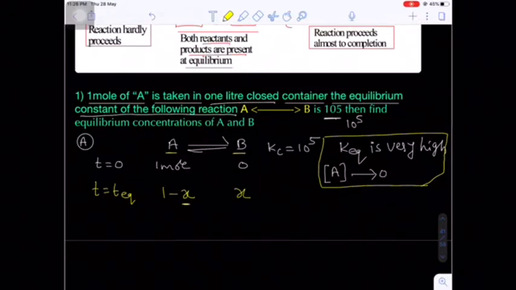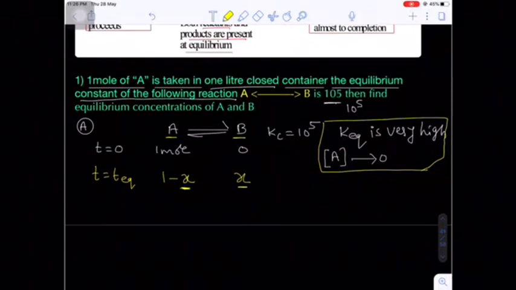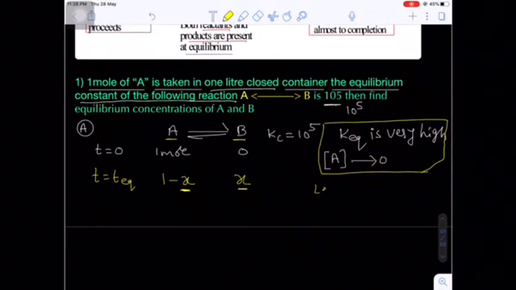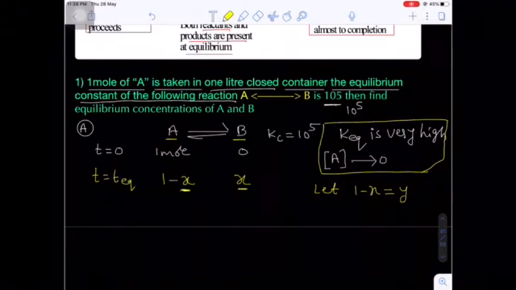If 1 mole of A decomposes, then 1 mole of B forms. If x moles of A decompose, then x moles of B should form. Now let 1 minus x be taken as y. So what is the x value from here? x is 1 minus y.